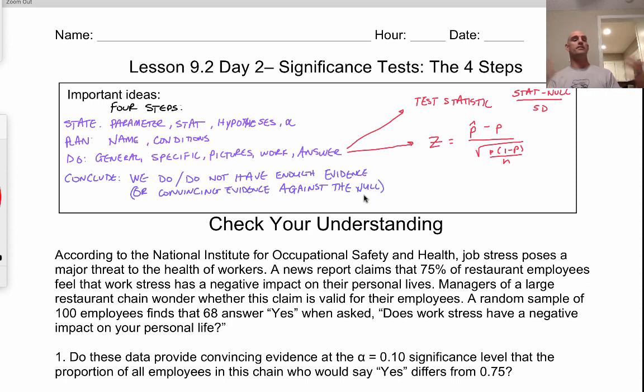So we do or do not have convincing evidence against the null. And what we're doing specifically in this lesson is asking if it differs from the null. Not is it less, not is it more, is it different than the null?